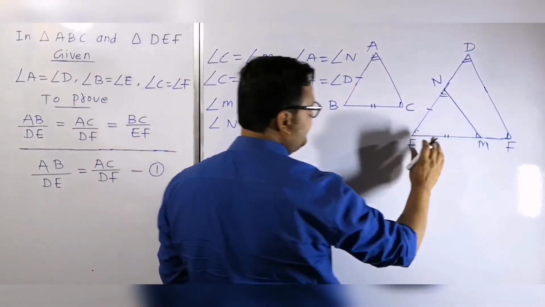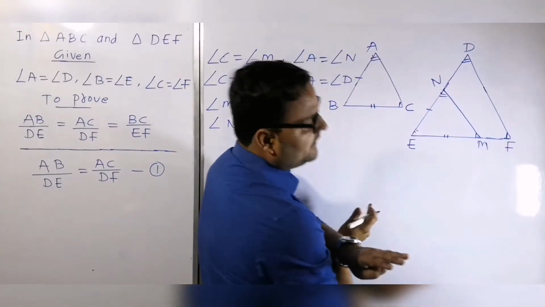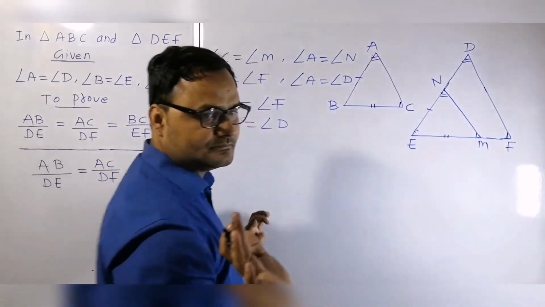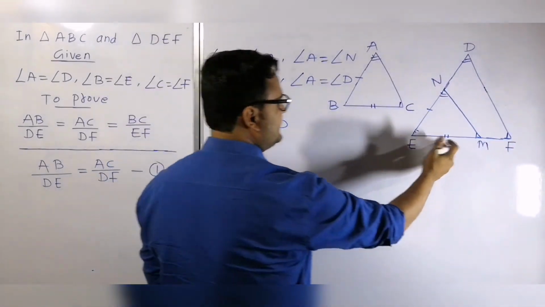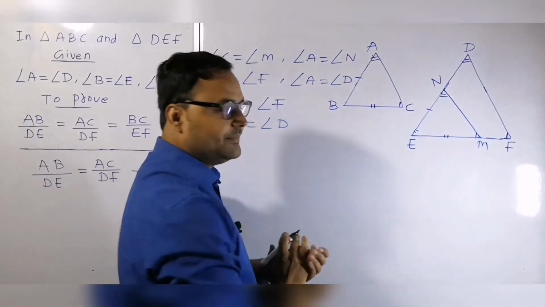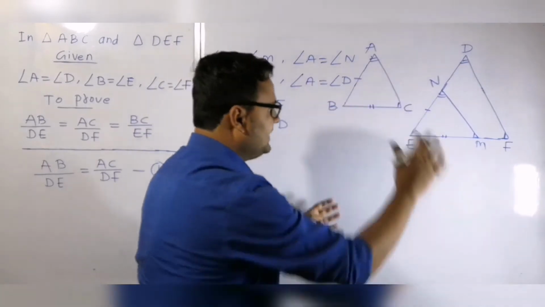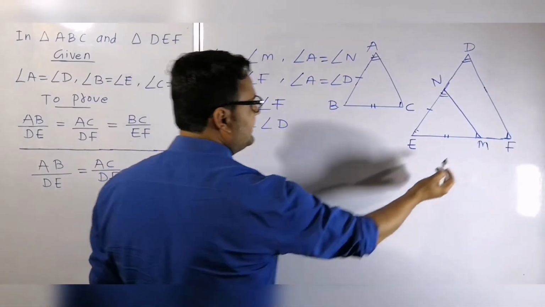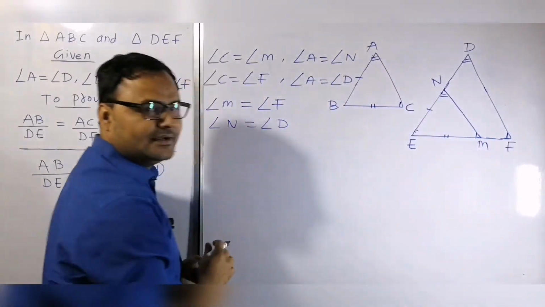Again look here, if you rotate your textbook, you will find that they are corresponding angles. From here also we can simply say they are corresponding angles. I cannot rotate the whiteboard, but you can rotate your textbook or notebook. You find that they look like corresponding angles.